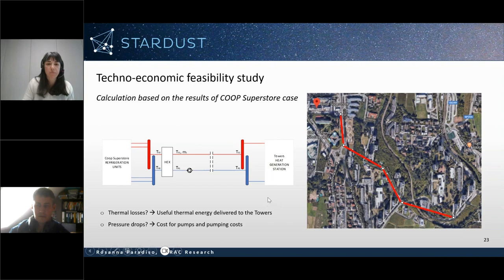And for the economic feasibility study, we needed to calculate the thermal losses, the useful thermal energy delivered to the towers, and then the savings of the towers in terms of euros, and the pressure drops in order to size the pumps and to calculate the pumping costs between the COP Superstore and the towers.